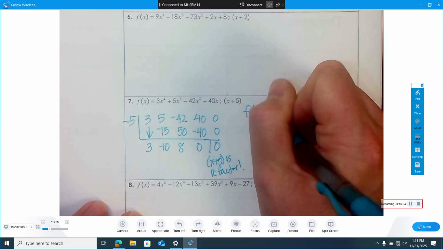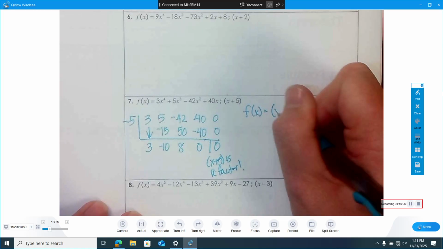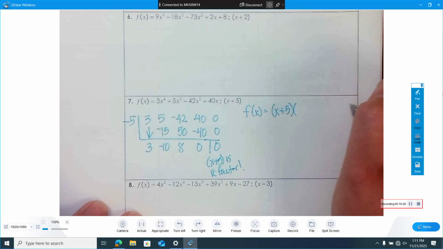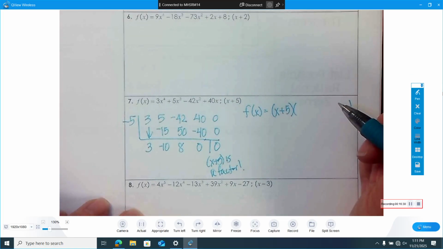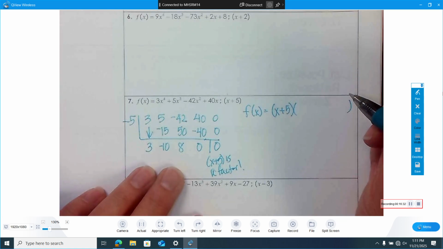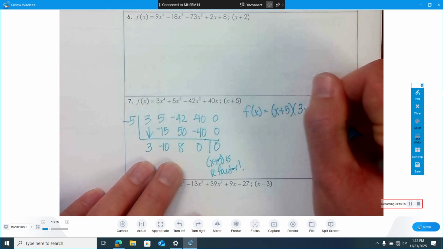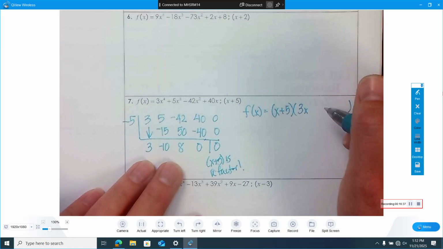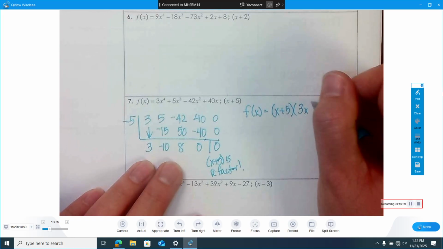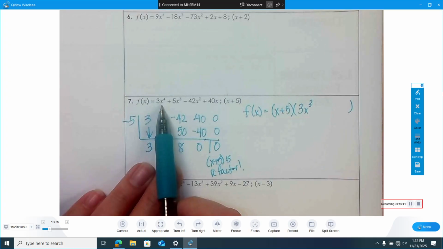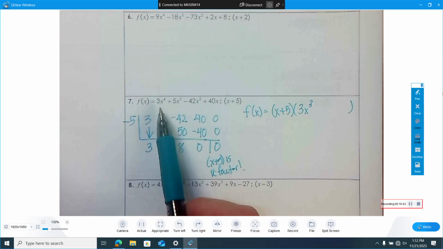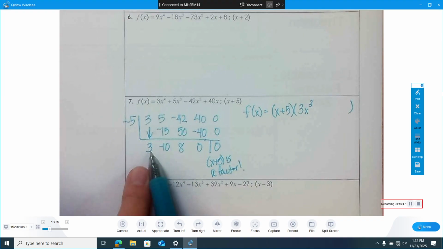So my polynomial function can be rewritten as the factor x plus 5 times what quotient? 3x to the third. Yeah, we started with x to the fourth, and we're dividing out an x. So we're removing one of them, so that becomes x to the third.